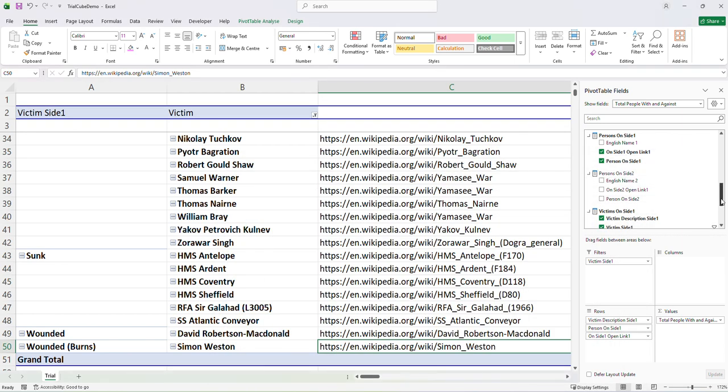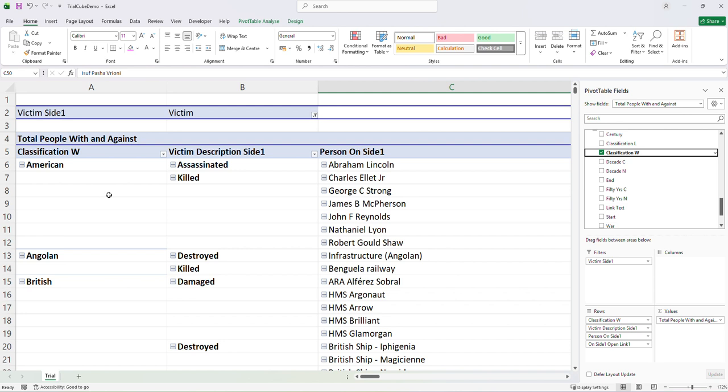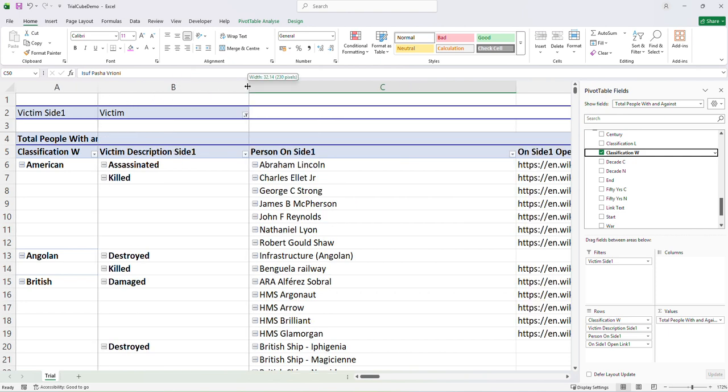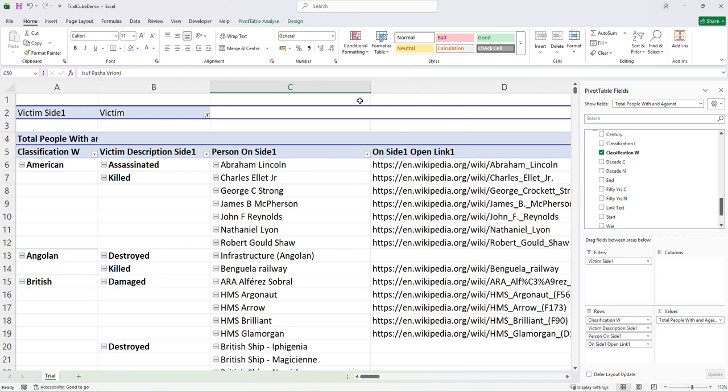And if I want to know more about these people, like what country or nationality they were, I just need to bring in the wars classification winner, and it tells me the nationality, like American, Angolan, and so on. It's cataloged in such a way that it becomes easy to get the information you want by just a few clicks and a drag and drop here and there. So this is the victims on side one.